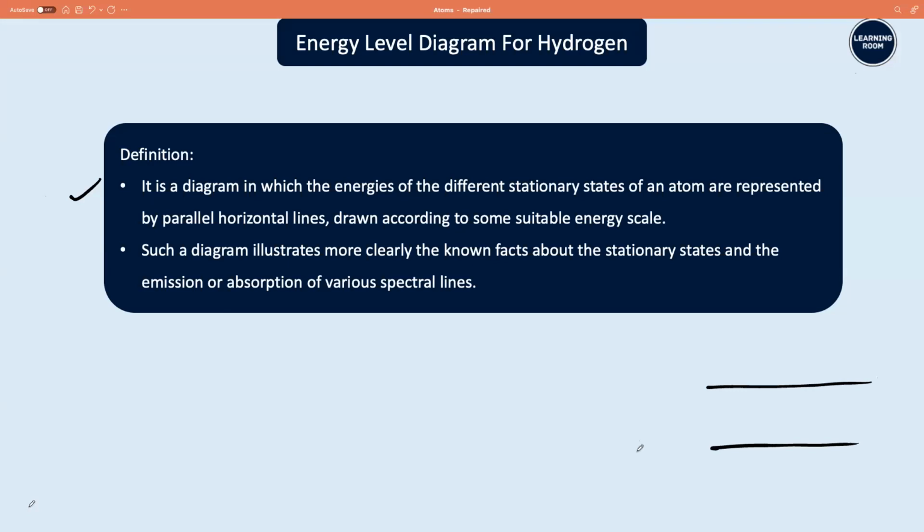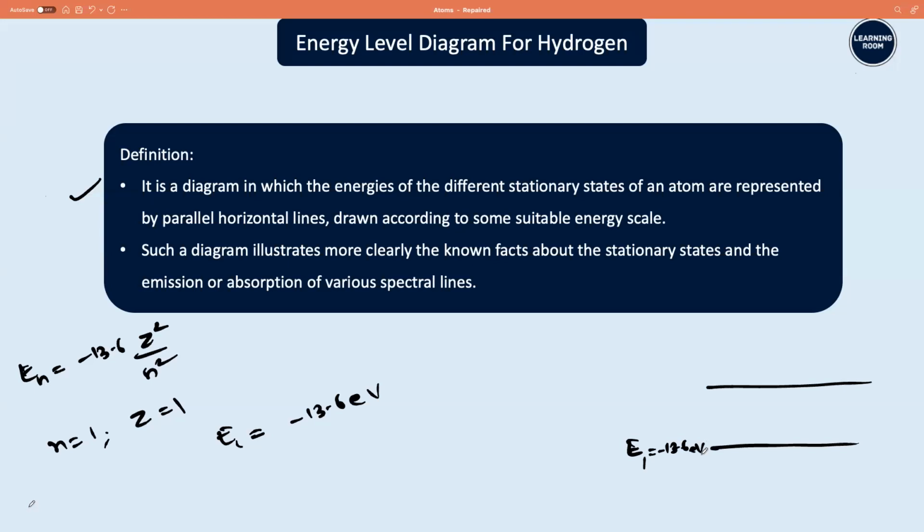Okay. So what is the energy of the nth orbit? It is minus 13.6 into Z square divided by n square. If I take n is equal to 1 and Z is equal to 1, which is hydrogen, then when you substitute, the energy of the first orbit will be minus 13.6 electron volt.